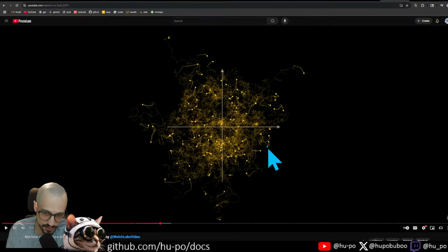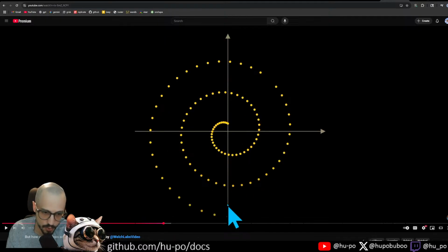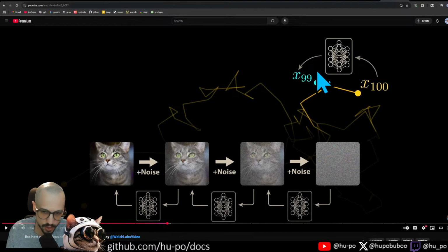If you give different noise and you start with a different random seed, you're going to end up with a different distribution of random noise points here, right? But you always know what the curve is, so you can always go back to the true images. But you can just keep adding noise and noise and noise, and every single time you add noise is different, right? Which means that you have effectively infinite trajectories.